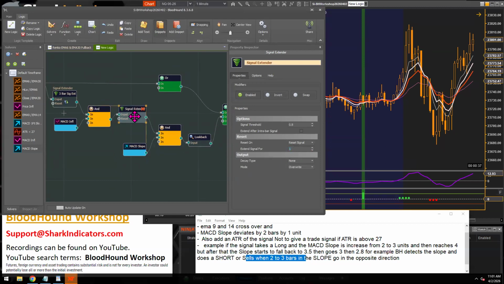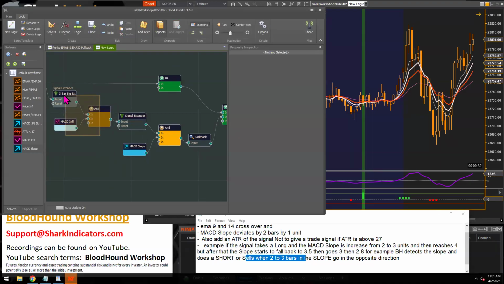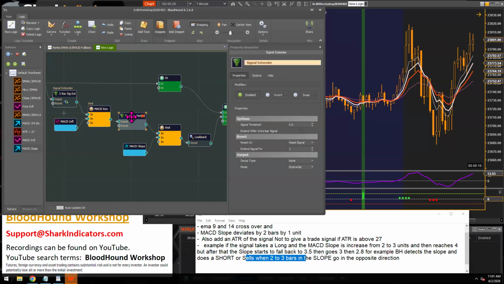So really, all this signal extender is doing is taking this condition, which is the MACD reversal. We can actually name the AND node here. So that's the MACD reversal, and then we're extending that.